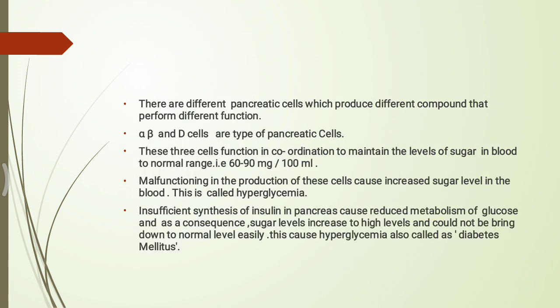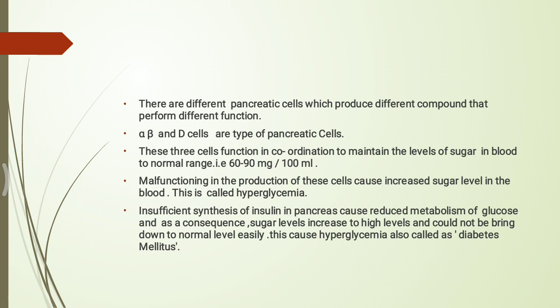Next, there are different pancreatic cells, right? That is alpha cell, beta cell and D cell, which produce different compounds that perform different functions. These three cells function in coordination to maintain the level of sugar in the blood in the normal range.